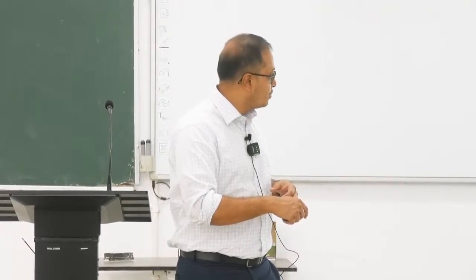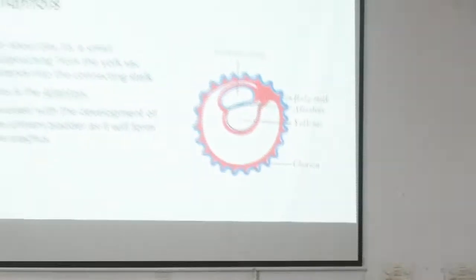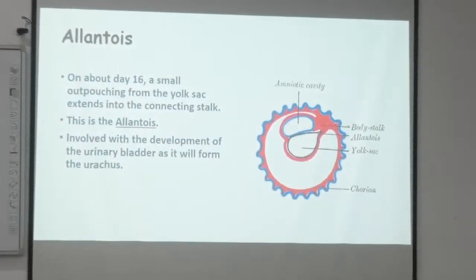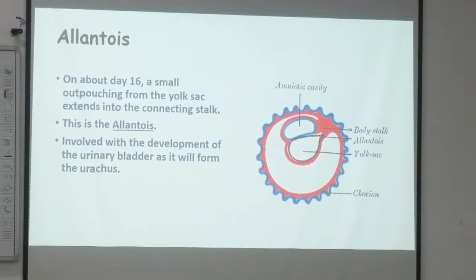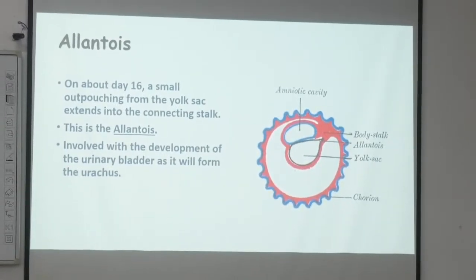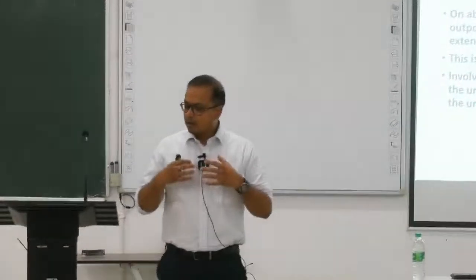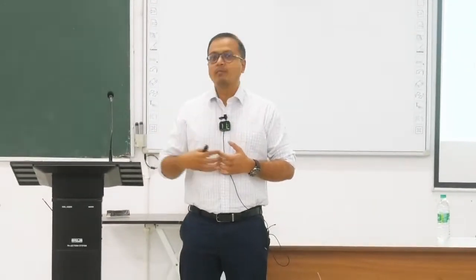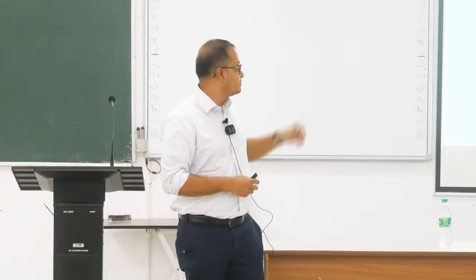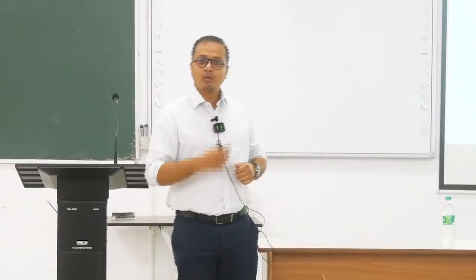This small conical pouch, which we call the allantois, makes a lot of sense when we talk about development of the urinary bladder. This tiny tissue of the allantoic pouch transforms into the urinary bladder or portions of it. So, when we talk about urinary system development, we will readdress this element, the allantois.